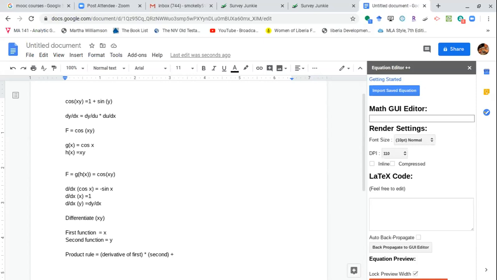I usually say first times the derivative of the second, plus the second times the derivative of the first, but it depends on how you learned it.